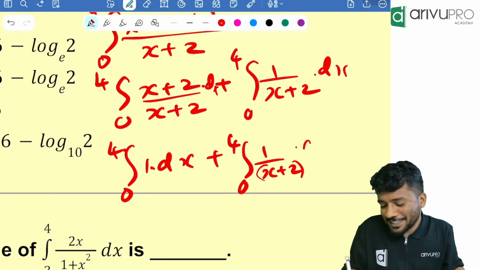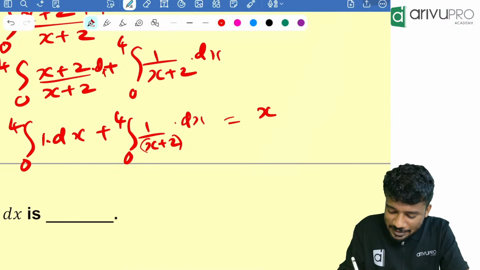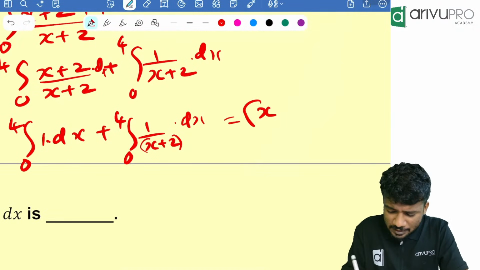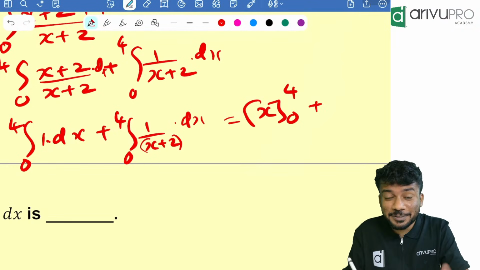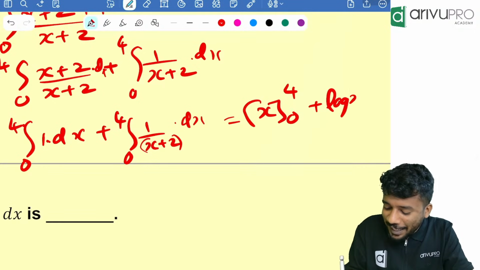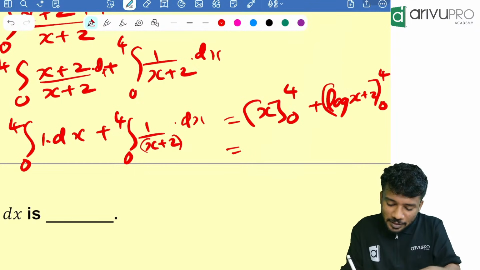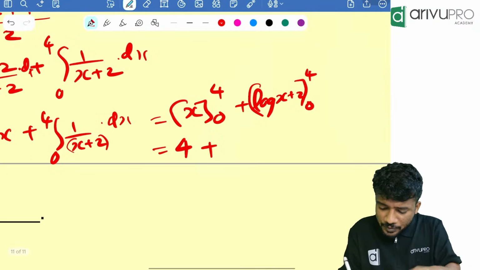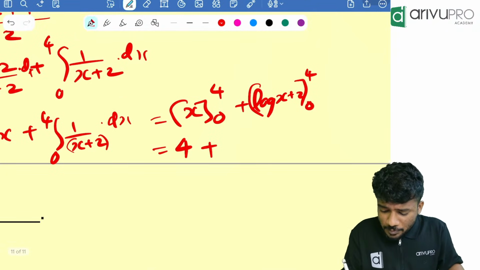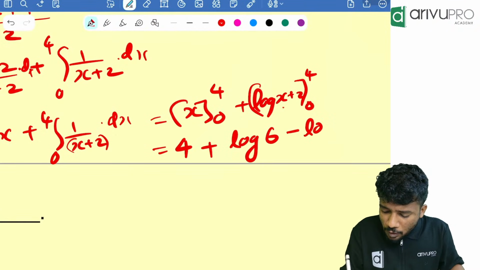No need to write these many steps, but still let it be there. So which is equal to x, the integral of dx, from 0 to 4, plus the integral of 1 by (x plus 2), which is log of (x plus 2), from 0 to 4. Now you only need to apply the limits: 4 plus log of (4 plus 2), which is 6, minus log of 2.